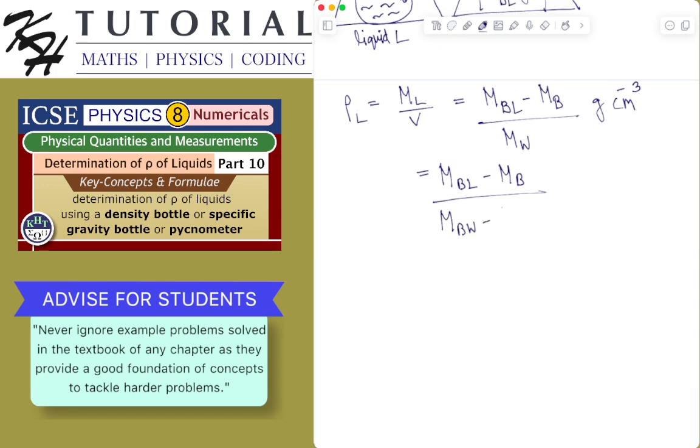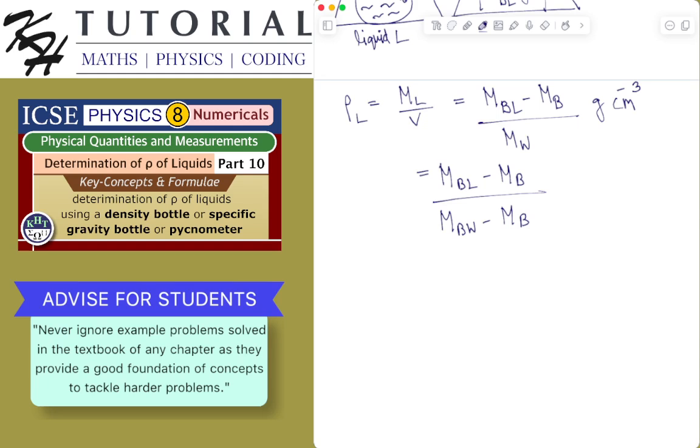MBW minus MB. Now I really don't want to remember this formula, even though this formula is very simple. We are doing nothing but dividing the mass of the liquid that is completely filling the density bottle by the mass of the water that is completely filling the density bottle.